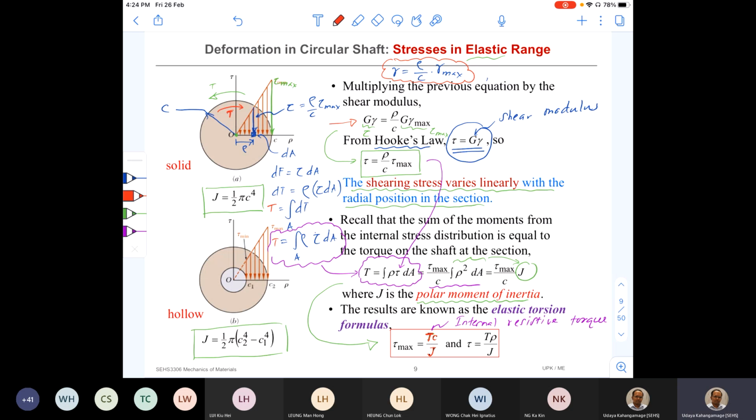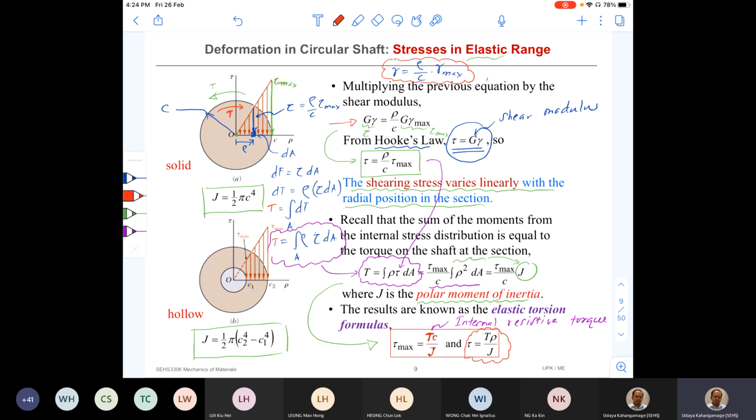If you want to find the stress at any radial position other than the outer surface, then we can use this equation.